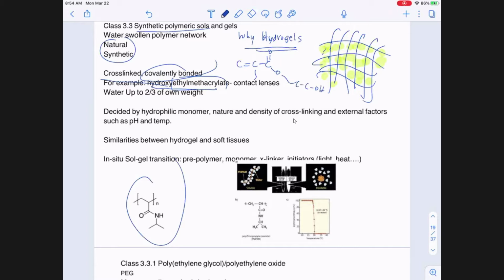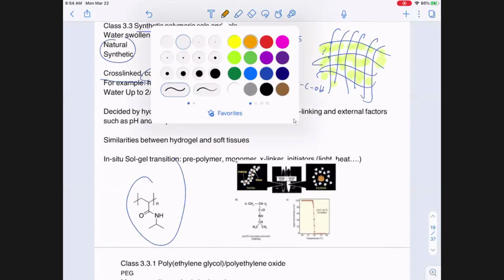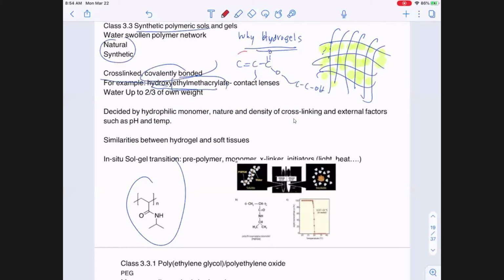But the general structure we will study is this polymethyl polymer. It's very useful. And gelatin MA is also based on this structure.